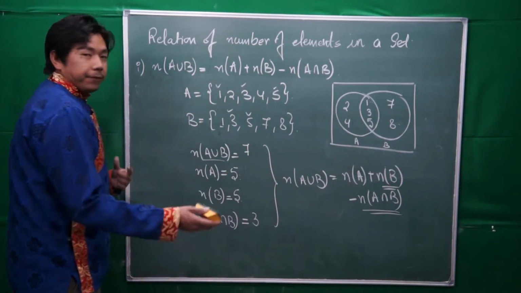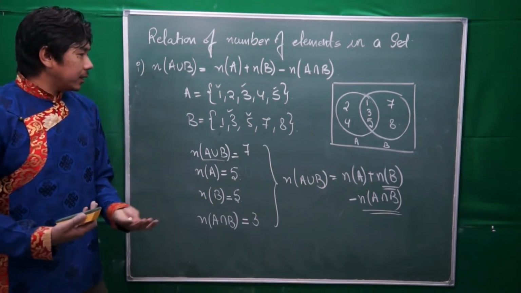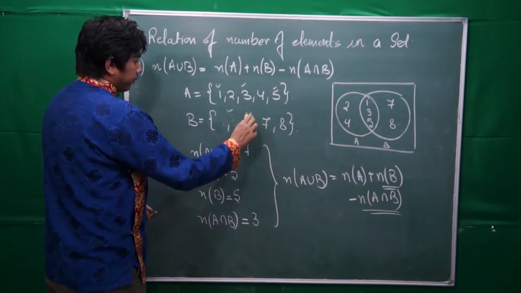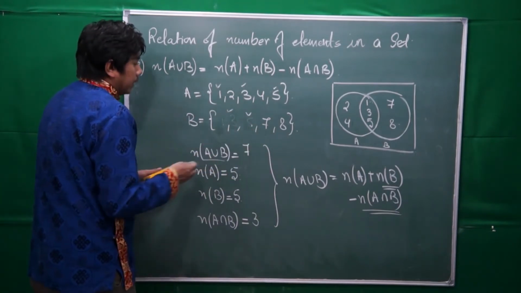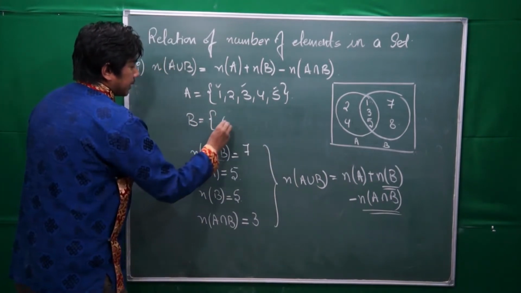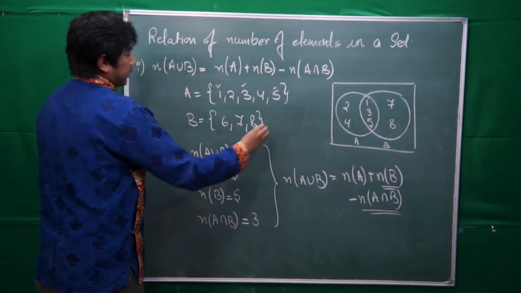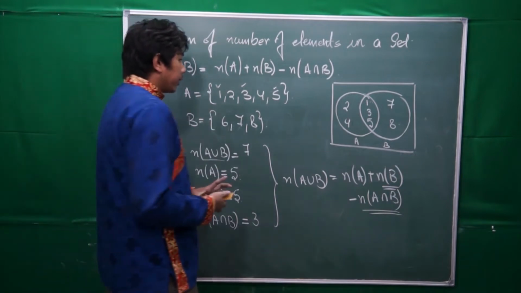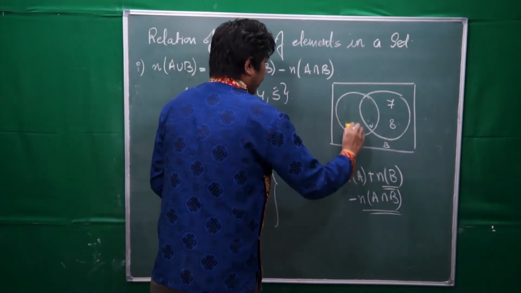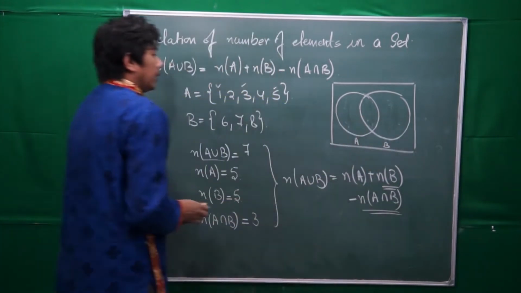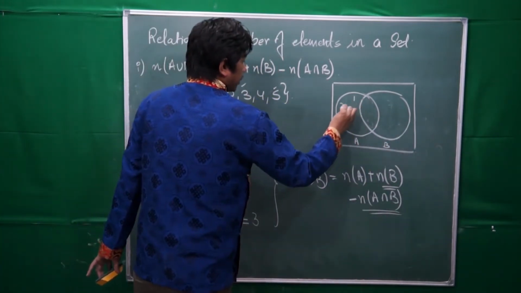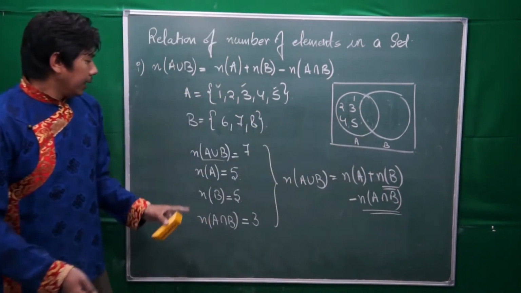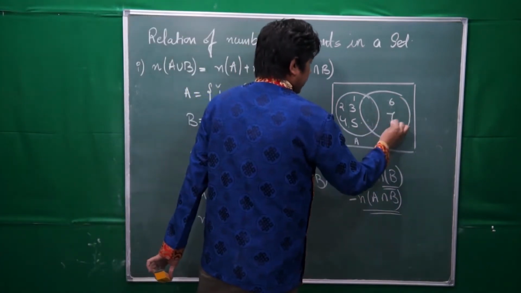Now what happens if we have a set that does not have repeated elements? For example, let's say instead of 1, 3, 5, we have 3 elements, 6, 7 and 8. Okay. So as you can see over here, there are no common elements. Since there are no common elements, this Venn diagram would change slightly. After the slight change, it would be something like this: 1, 2, 3, 4 and 5, all the 5 elements written in set A. Similarly in set B, 6, 7, 8.